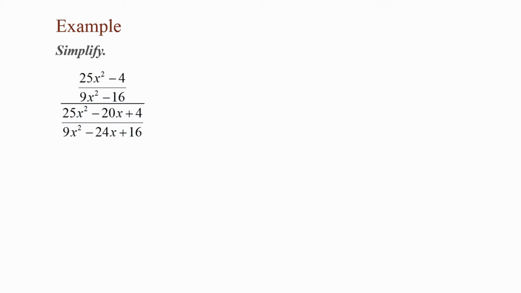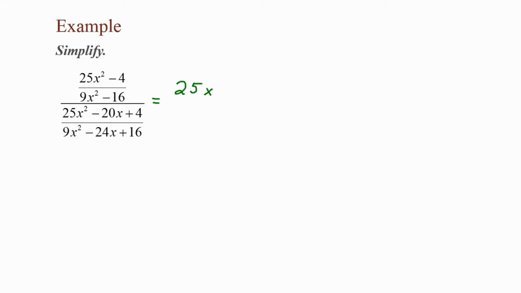My numerator has a single fraction and my denominator has a single fraction. So the easiest way to solve this problem is by using method 1. I want to translate this fraction bar to a division sign. If you're confident enough, you can go ahead and flip and multiply and factor all in the same step.